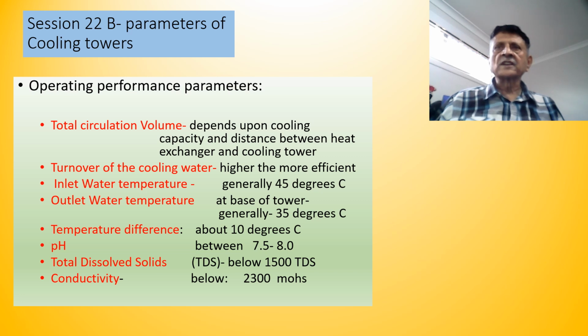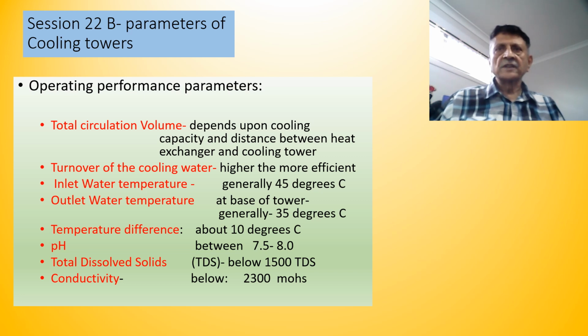And when the water comes down from the cooling tower, it sprays and is cooled by the air. The temperature at the base will be approximately 35 degrees. There is about a 10-degree drop of temperature.